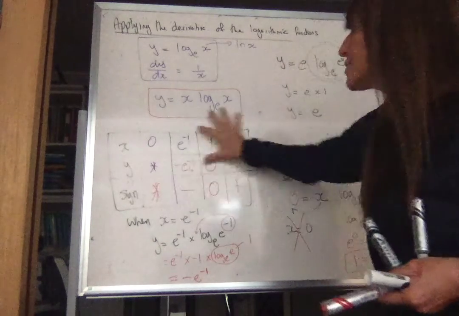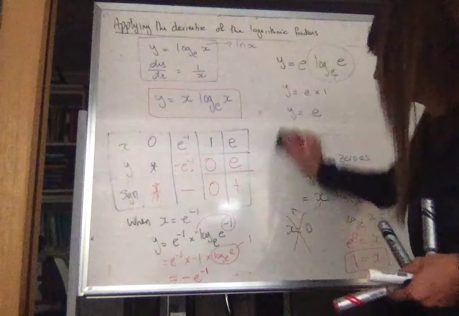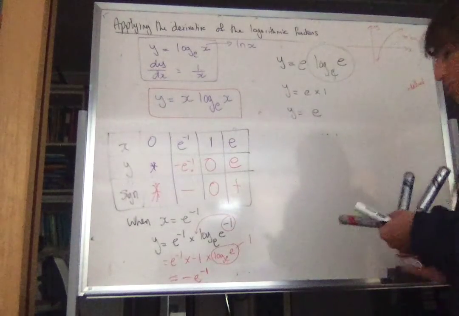Now, what does this table tell us? We write just a short line here.